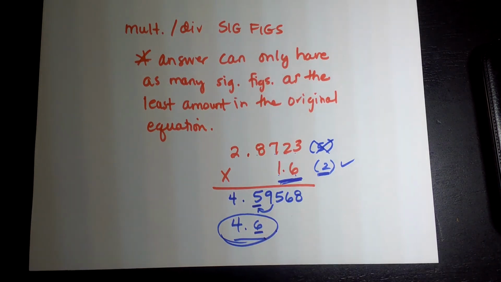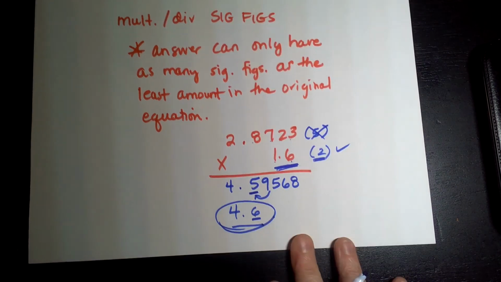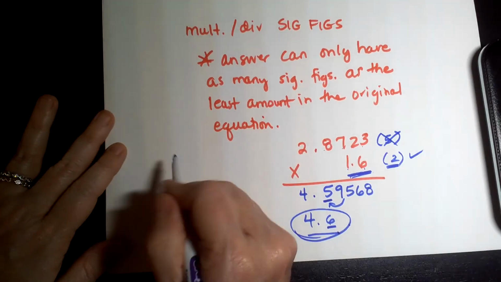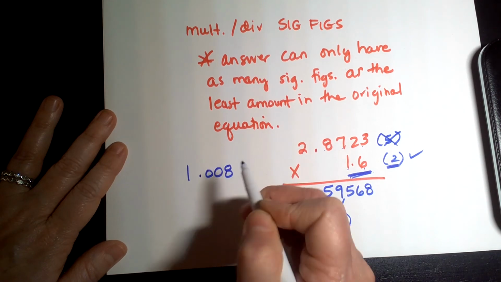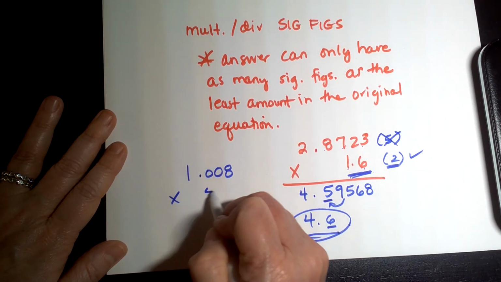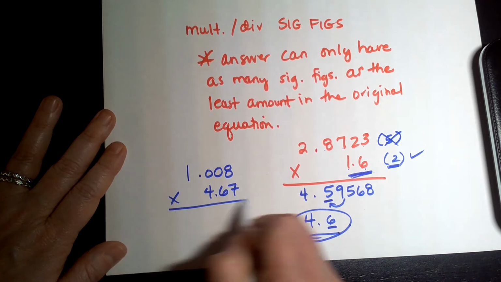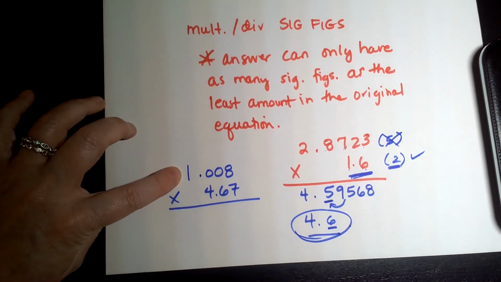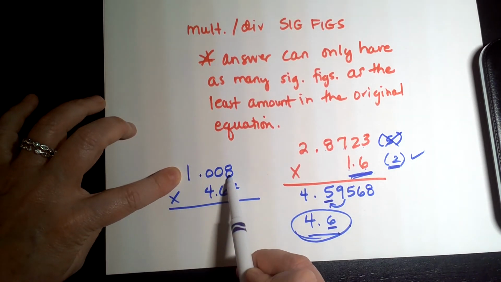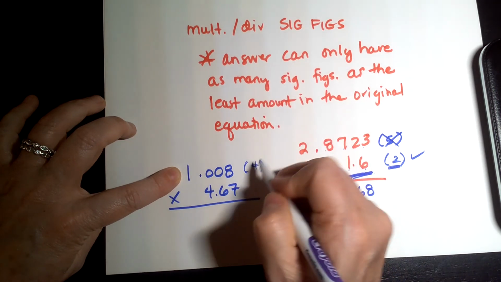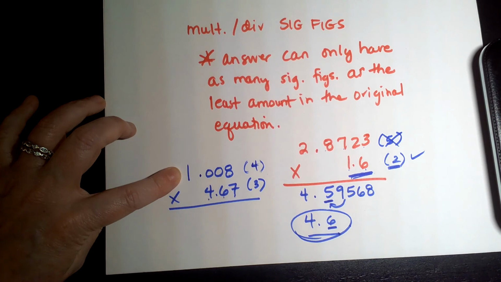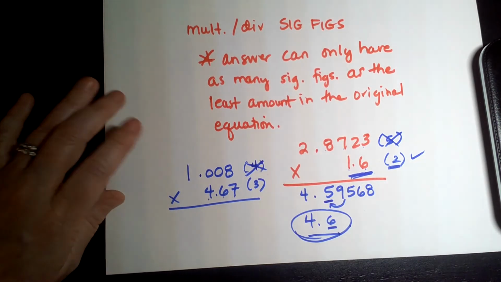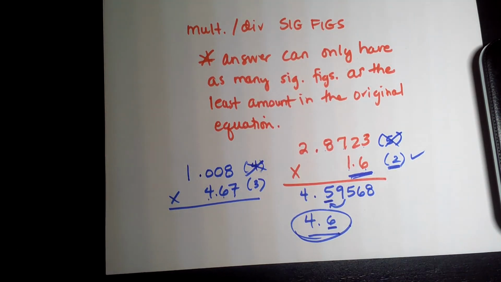All right. So another example, I'll do 1.008 times 4.67. Okay. This number, 1, 2, 3, 4 significant figures. This number, 3 significant figures. So our answer can only have 3 significant figures.